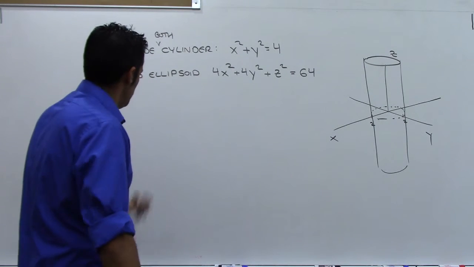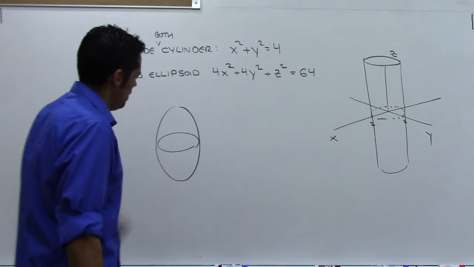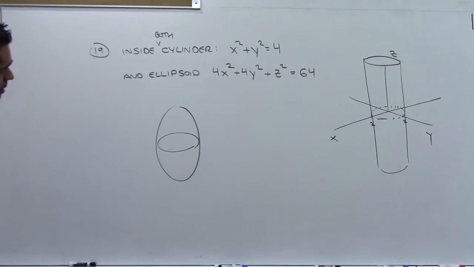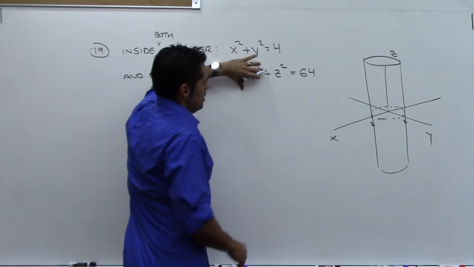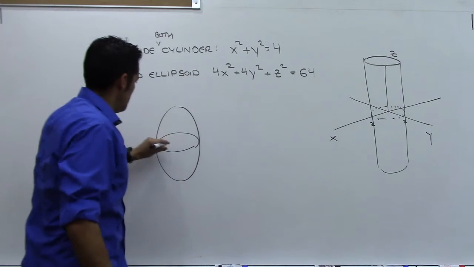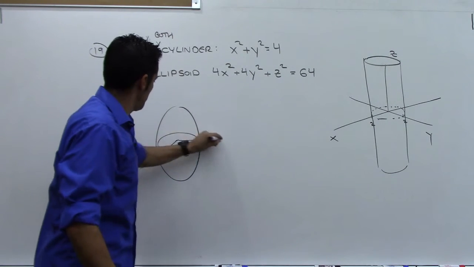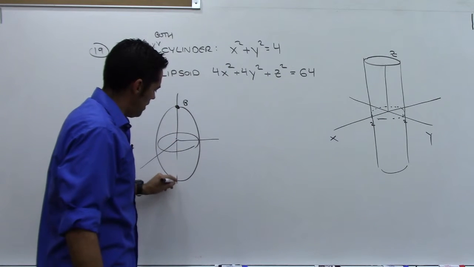So let me try and figure out. We know the ellipsoid looks like an egg, pretty much. If x and y are 0, z squared is 64, which means z is positive and negative 8. So I know it hits up here at 8 and down here at the bottom, negative 8.